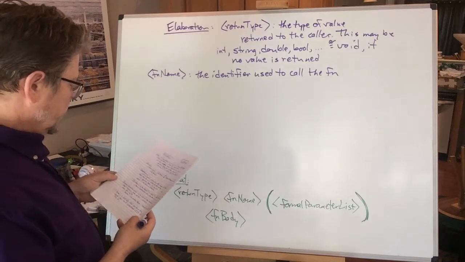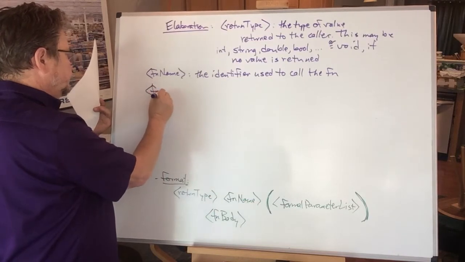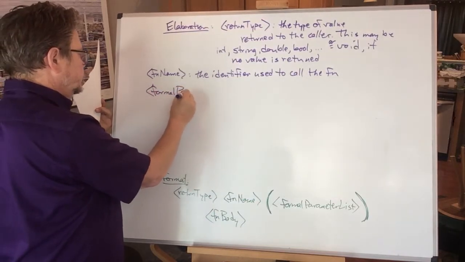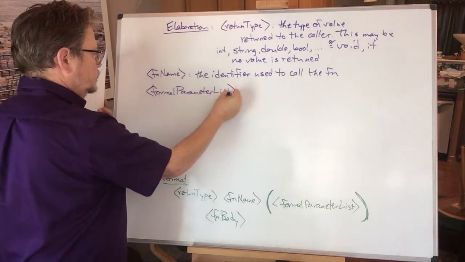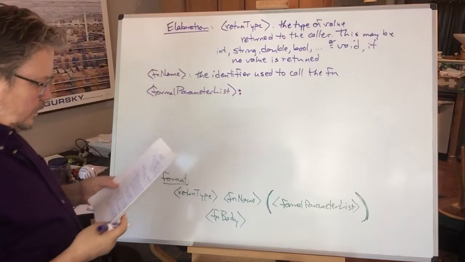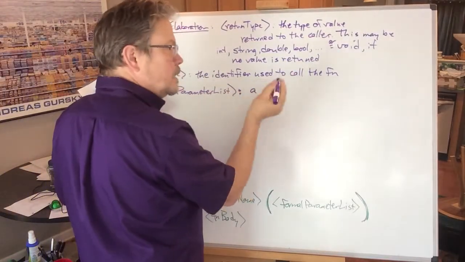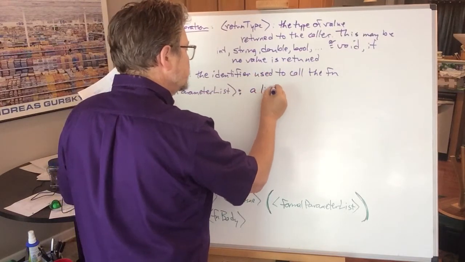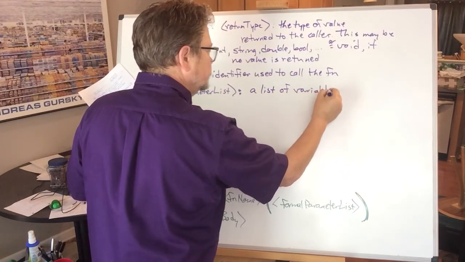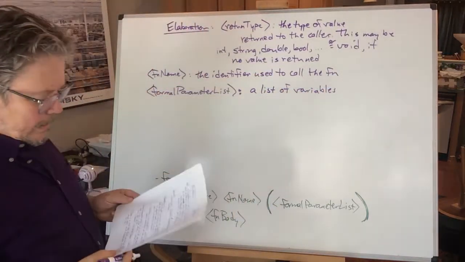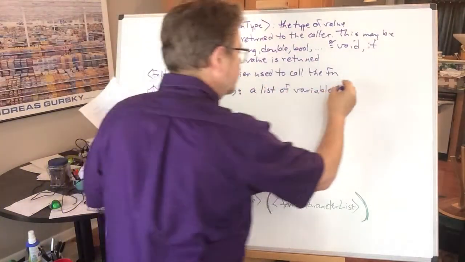I hope. The biggie one, the formal parameter list. Colon, even gets a big colon. This is a list of variables. They have to be variables, can't be symbolic constants, can't be literal values. A list of variables. What's special about that? They receive their values passed in from the caller.